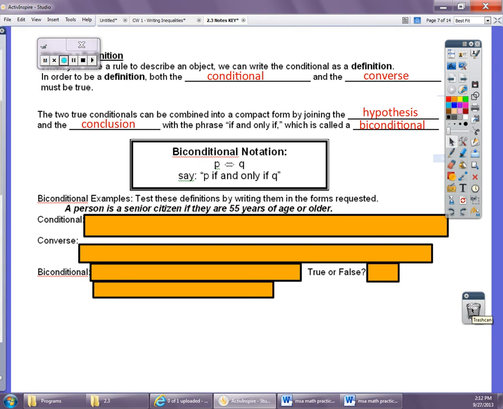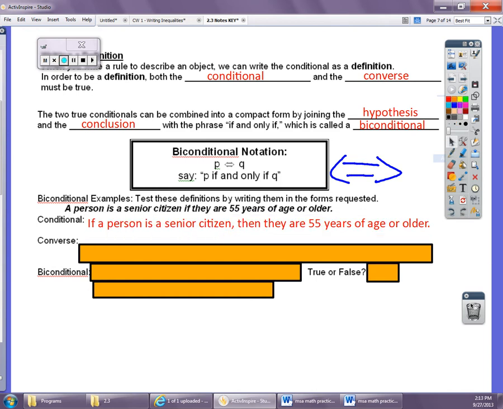Now we have a little biconditional notation. It's a double arrow with arrows on both sides. P if and only if Q. Now examples of biconditionals. We're going to test these definitions by writing them in the forms requested. A person is a senior citizen if they are 55 years of age or older. Our conditional: if a person is a senior citizen, then they are 55 years of age or older.